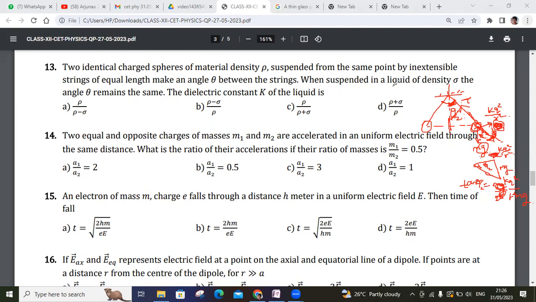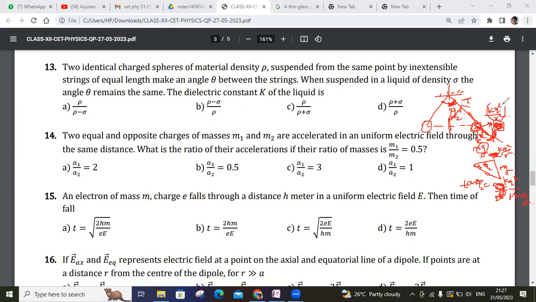Now they are telling it is suspended in a liquid of density sigma. So if it is put in a liquid of density sigma, then what will happen? They are telling angle theta remains same. So when we put inside a liquid, what else will come?